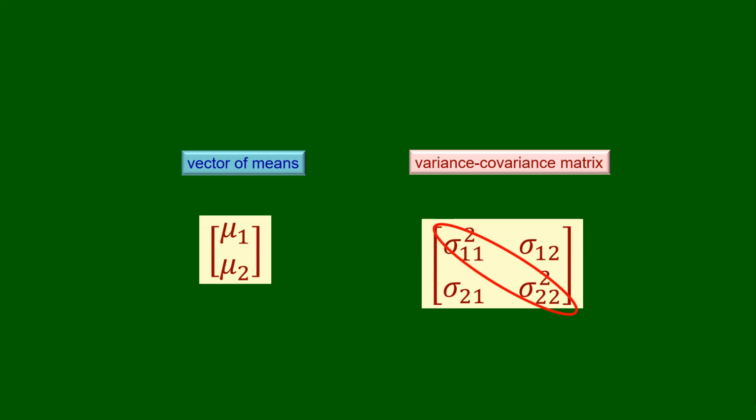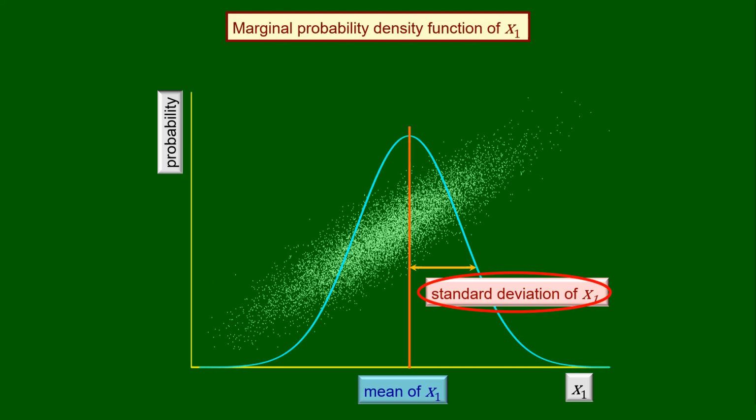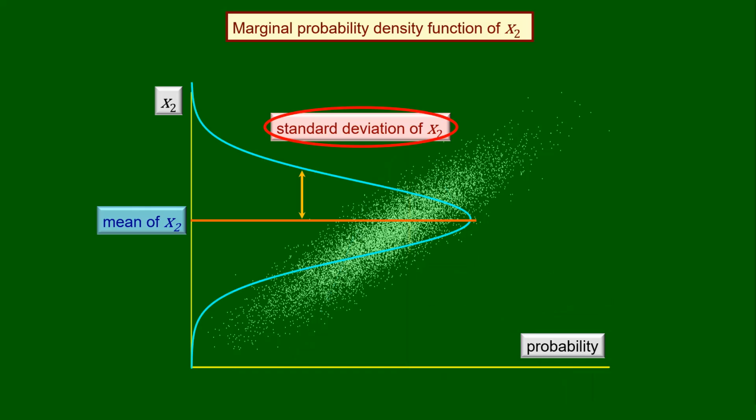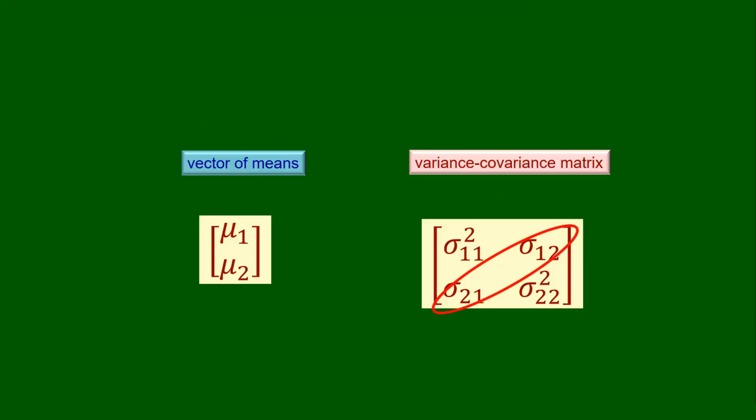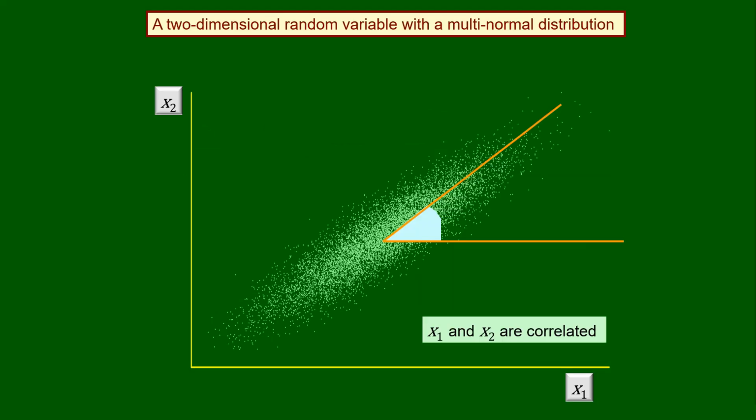The diagonal terms, as I just said, specify the individual variability of the individual parameters, the square of their standard deviations. The off-diagonal terms, which are equal to each other, specify the amount of statistical interrelatedness between those two random variables.